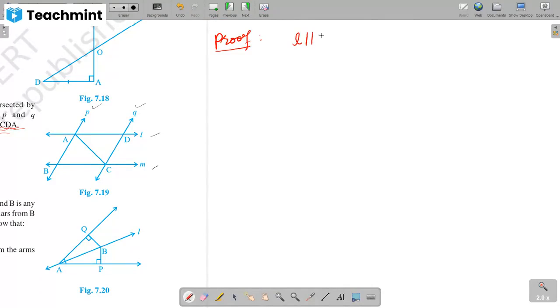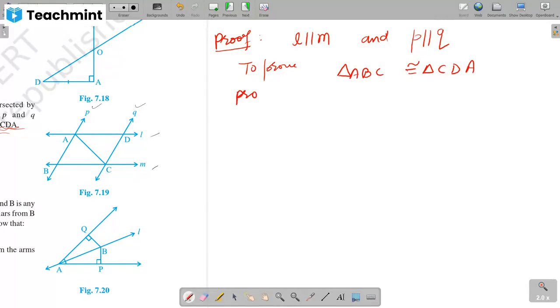Here it is given that L is parallel to M and P is parallel to Q. And what we have to prove? We have to prove that triangle ABC is congruent to triangle CDA.